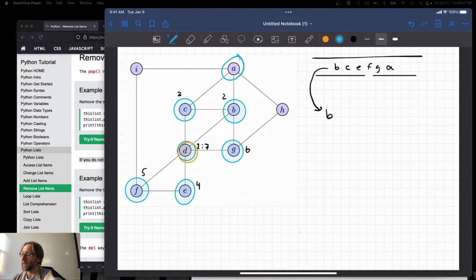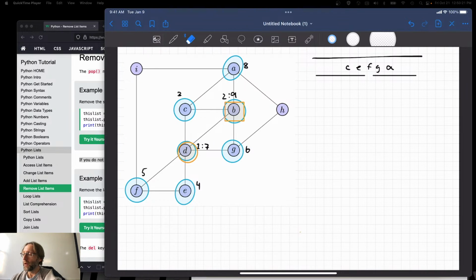And so we visit that. We mark it with timestamp 8. And we're done with B, so we mark it with our next timestamp, and then that is now done. And that's out of the queue.